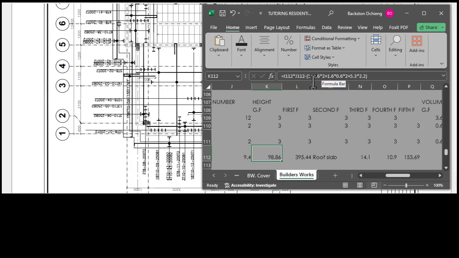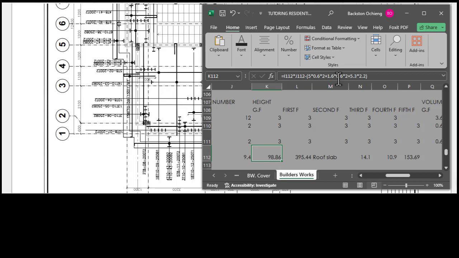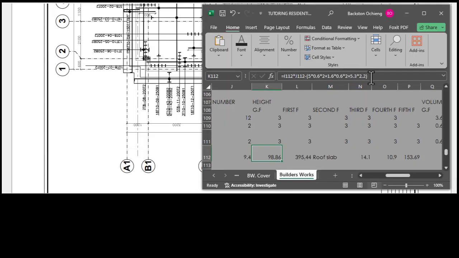It was 5 times 0.6 times 2, and then we also subtracted 1.6 times 0.6 times 2. These are smaller parts indicated, the areas within grid C1 and E1, so they are going to remain the same for adjustment.